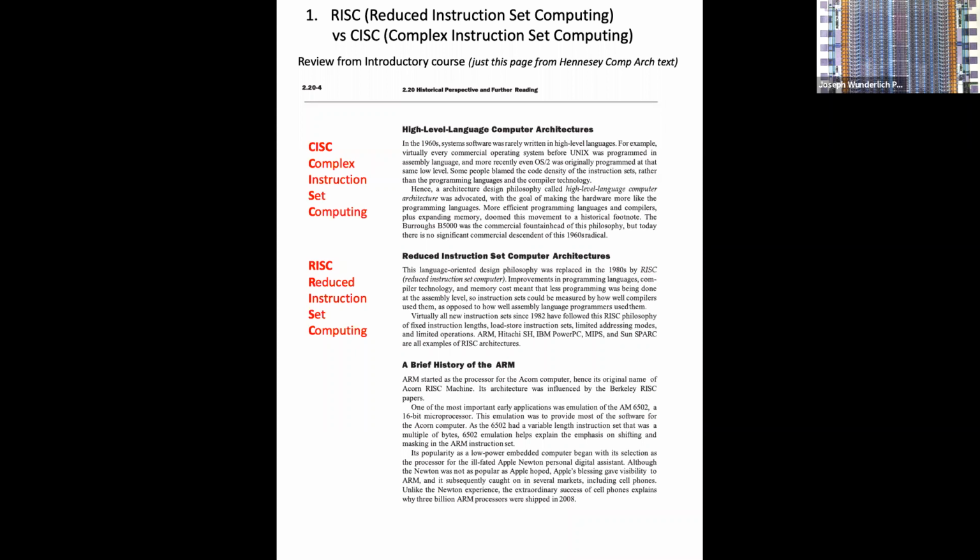I remember when it was, but it was based on the idea that most programmers, most compilers and operating systems didn't make use of the complex instructions, and so there was overhead involved in that. So they just reduced the number of instructions and left the ones more likely to be used. However, there were other things that went along with that, and in more advanced classes we'll talk about that.